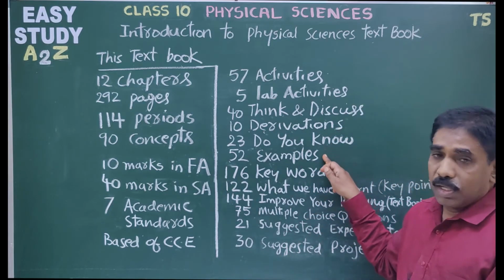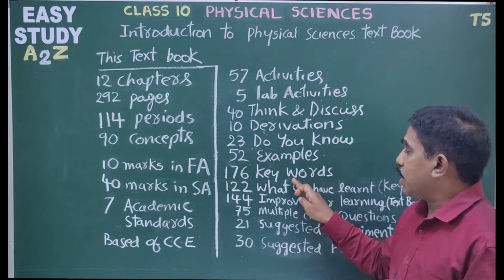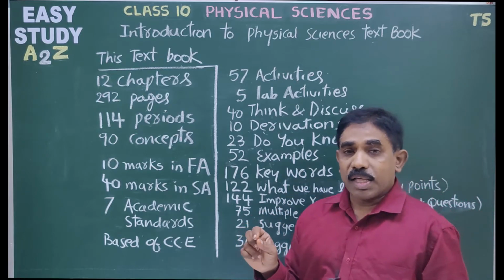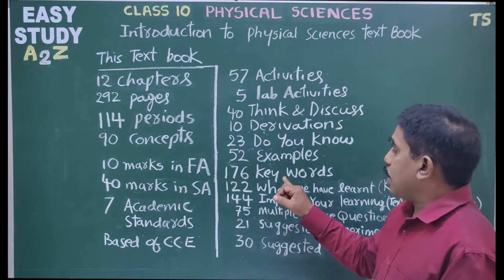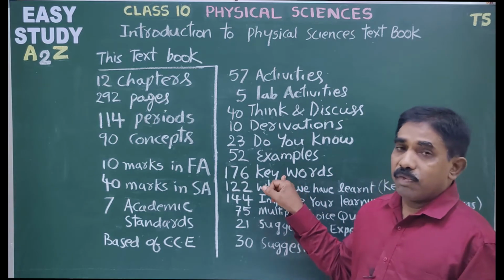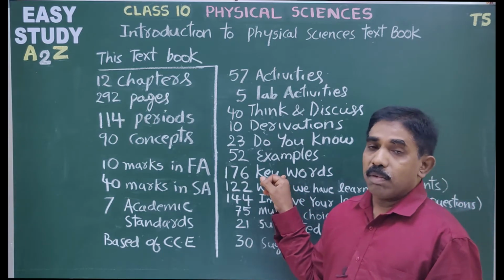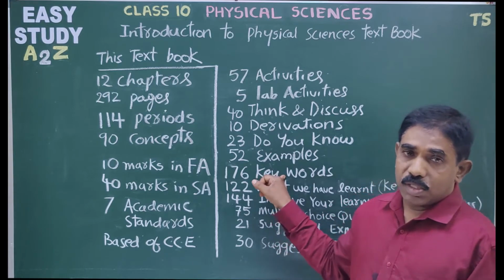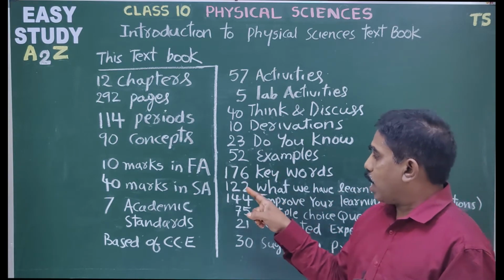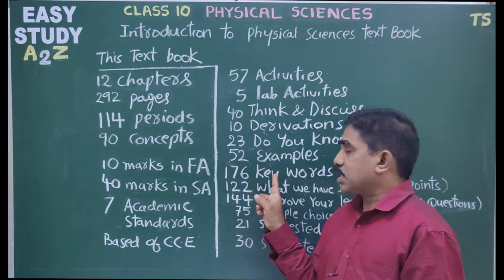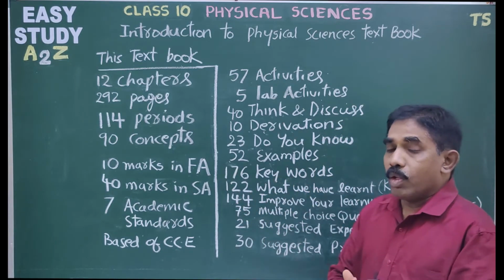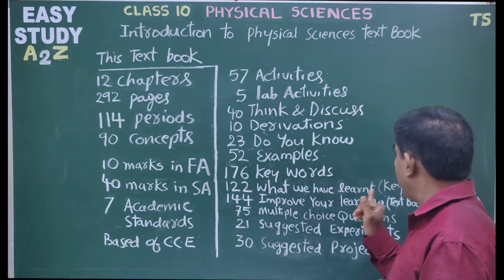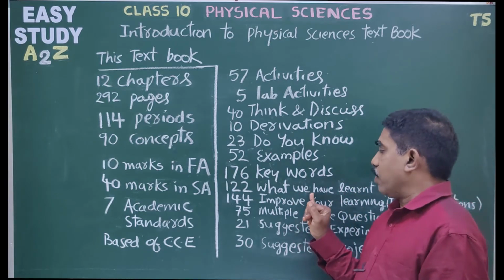Now at the end of each chapter we have keywords. Keywords are the terminology used in the chapter. The keywords are very important because they will tell you about the importance of the subject concepts. So we have nearly 176 keywords in the entire textbook. Now after that we have some key points also, what we have learnt.